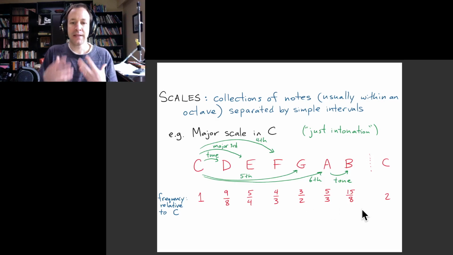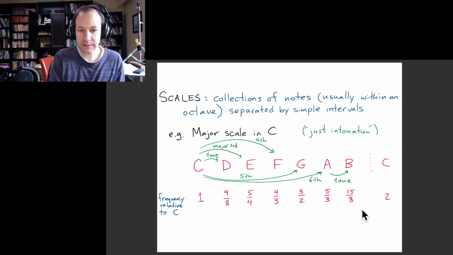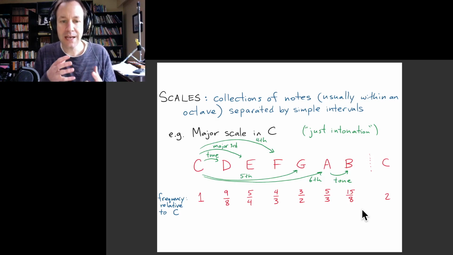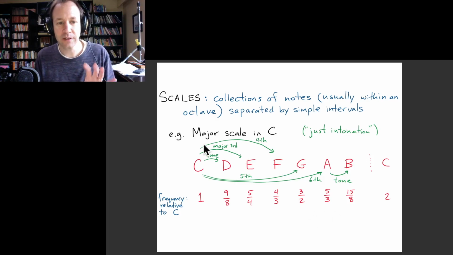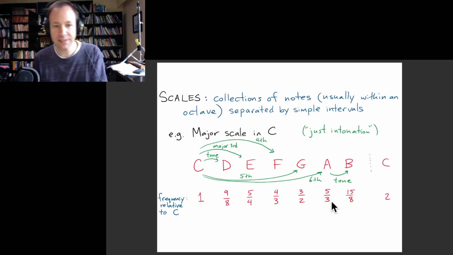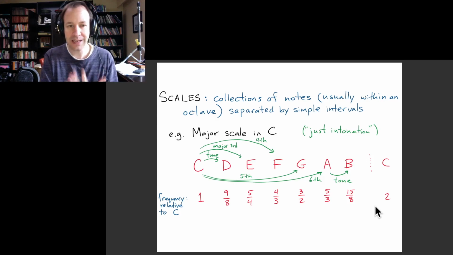And if you play that scale, it's going to pretty much have the same character regardless of whether I start on C, the note that I just started on, or on some other note. If I have the same ratios of frequencies for my notes, then it's going to have the same character.